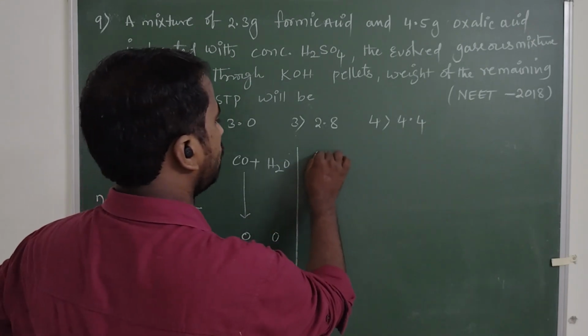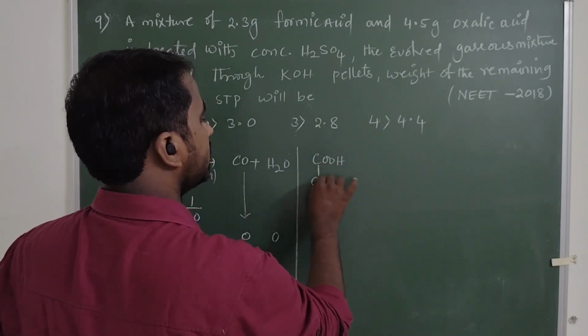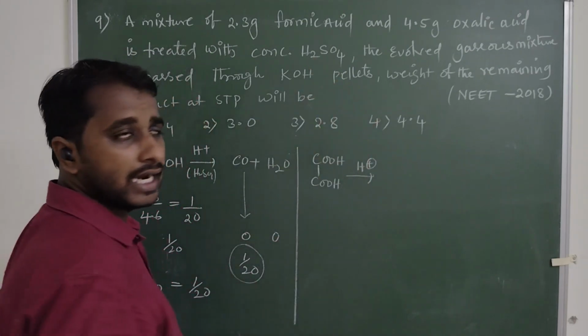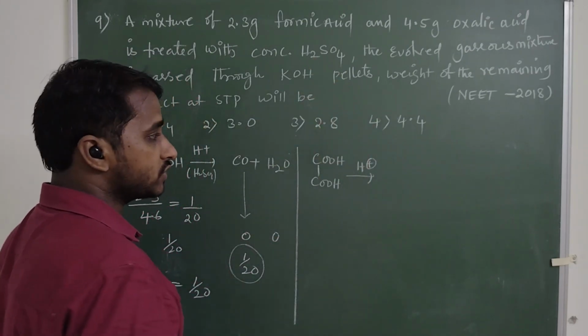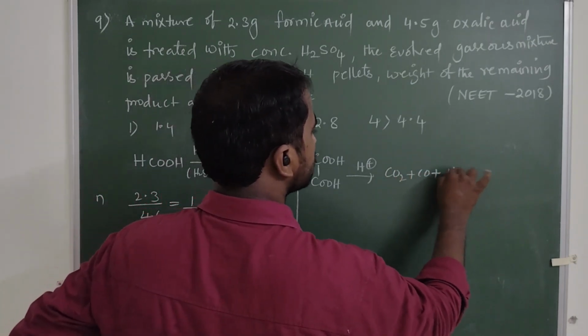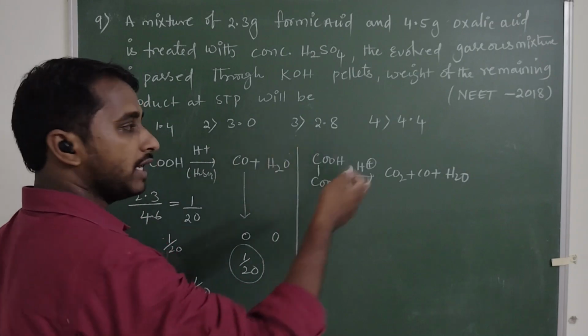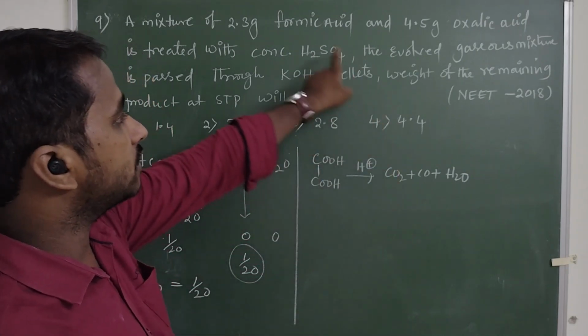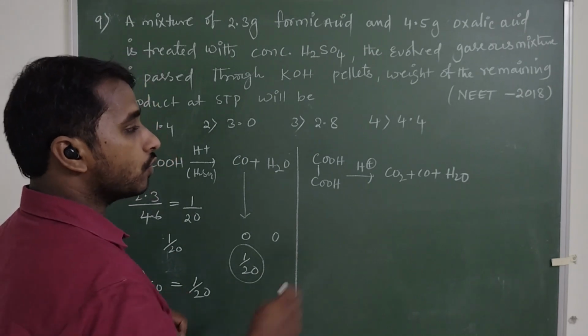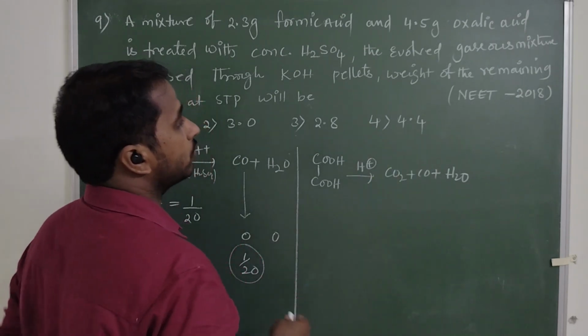Coming to case 2, oxalic acid, COOH and COOH, in the presence of H plus, again the dehydrating agent H2SO4, will give CO2 plus CO plus H2O. H2O is absorbed by H2SO4 and CO2 is absorbed by KOH, because KOH pellets are given. So what are we left with? Carbon monoxide.